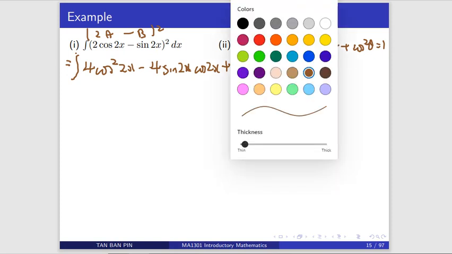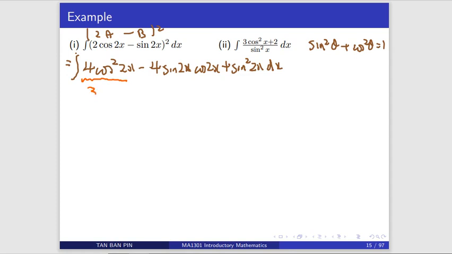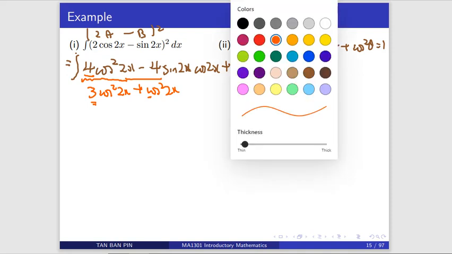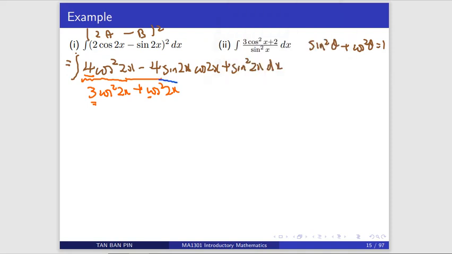So with that, you can break this up as 3 cosine squared 2x plus cosine squared 2x. 4 is 3 plus 1. And with that, you can combine the cosine square with the sine square to give you 1.